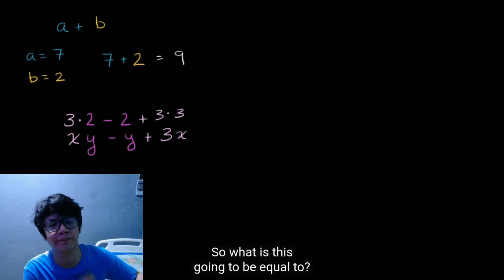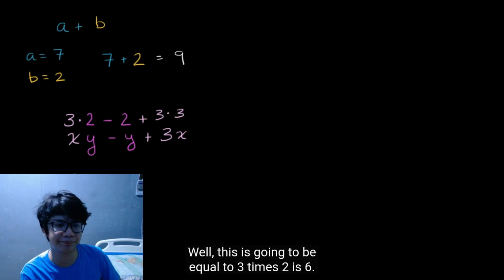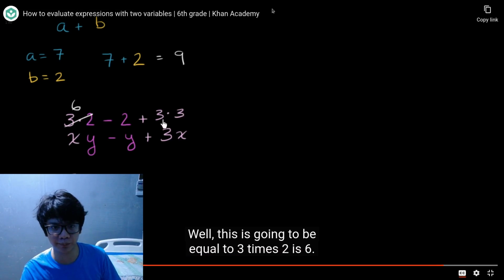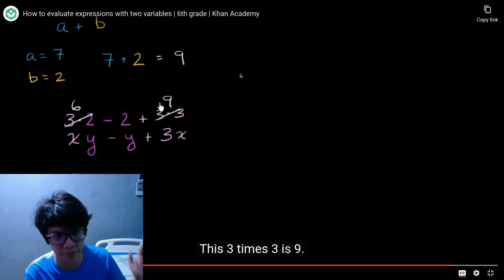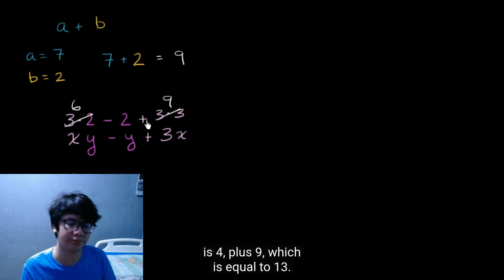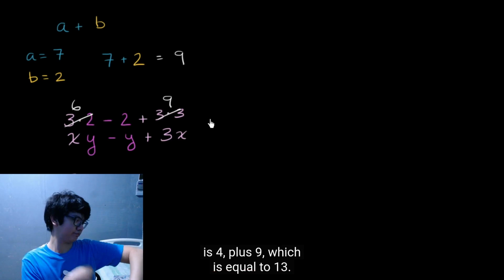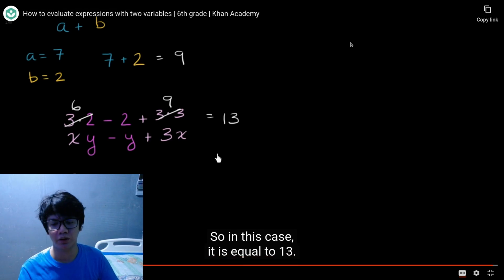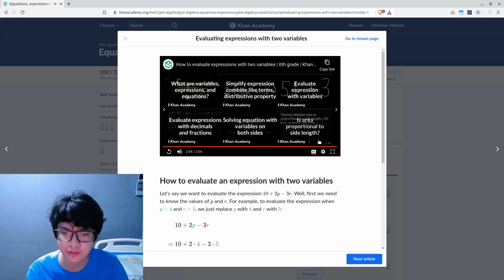So what is this going to be equal to? Well, 3 times 2 is 6, and 3 times 3 is 9. So it simplifies to 6 minus 2, which is 4, plus 9, which is equal to 13. So in this case, it is equal to 13.